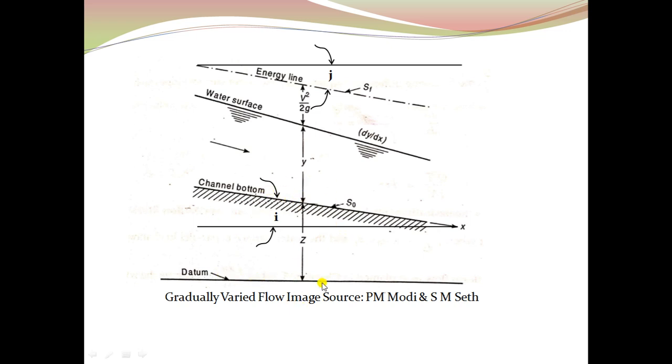So if this is the datum, Z is the height of the channel bottom with respect to the datum, and Y is the depth of flow at that particular point, and V is the velocity of flow. Now the velocity head we can find as V square by 2g. S0 is slope of bed of channel and SF is slope of energy line.